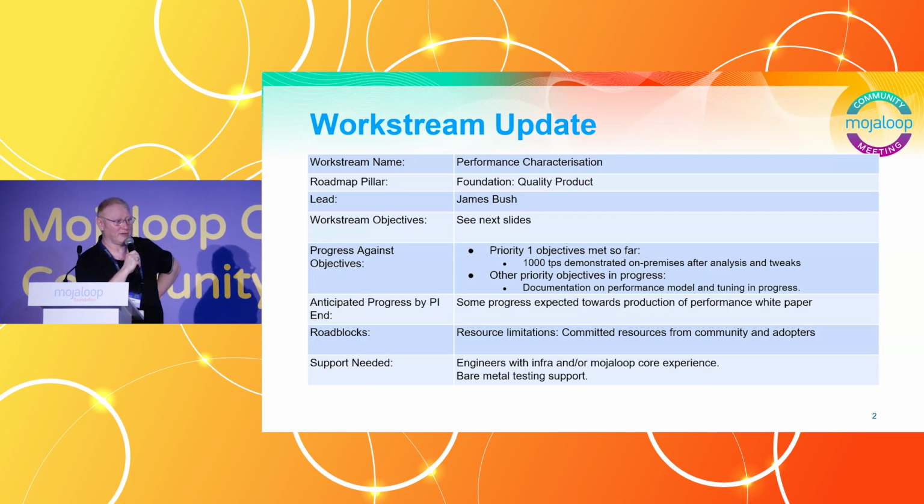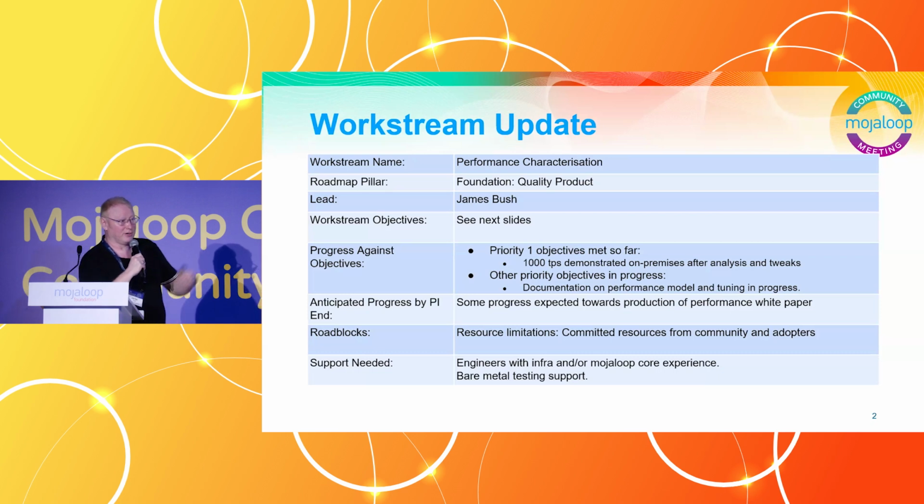There's approximately 3 in a year. And within each PI, at the start, we set a number of objectives for each work stream. We iteratively work in typically an agile software engineering process over the course of that PI. And by the end of the PI, we will hopefully have achieved most of those objectives, if not all of them. And the outputs of those work streams typically get bundled into the release process that you saw Sam show earlier this morning.